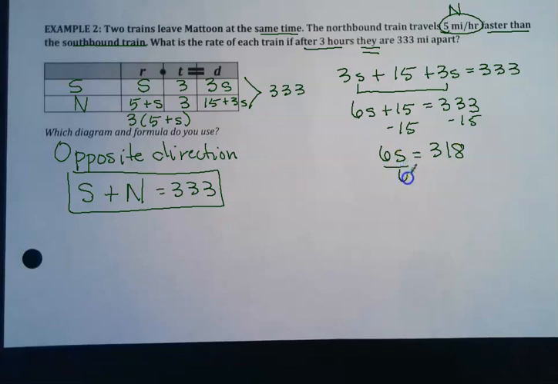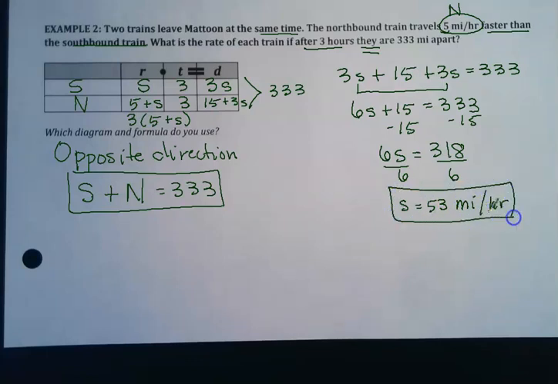Okay, Leah, what would we do now? Perfect. We would divide by 6 on both sides. I heard 53. Did I hear confirmation for that? Okay, so S is 53. What's the unit? Miles per hour. Good. So the southbound train is traveling 53 miles per hour. The northbound train is traveling what? 58, because we took 53, the southbound, because we had S plus 5.